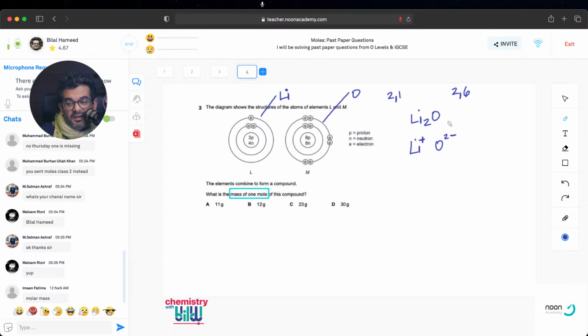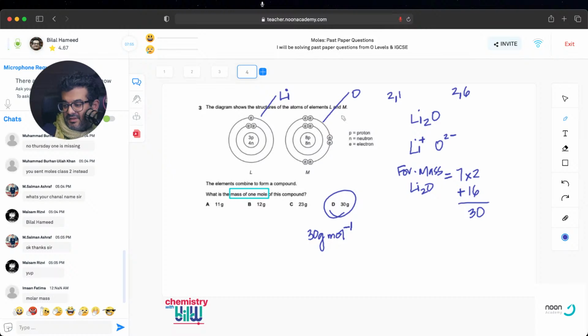Now that's the formula. What's the formula mass of this? Li is 7 times 2 and oxygen is 16. So 14 plus 16 is 30. Therefore the molar mass is 30 grams per mole, which means 1 mole is 30 grams.